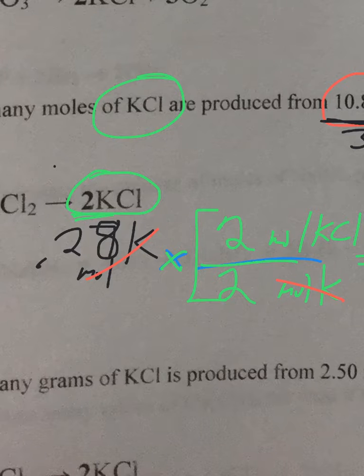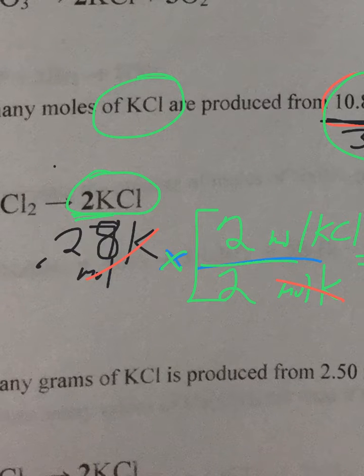0.28 was actually what was given from the 10.8 grams divided by the molar mass. That's what gives you the moles. Can you show us how you did that again?